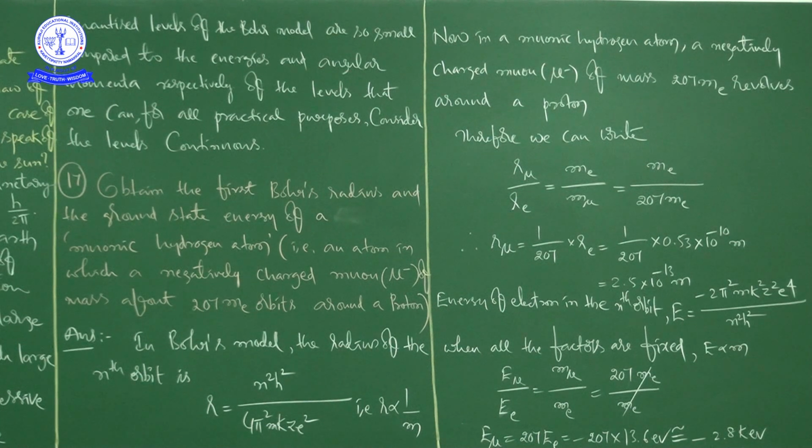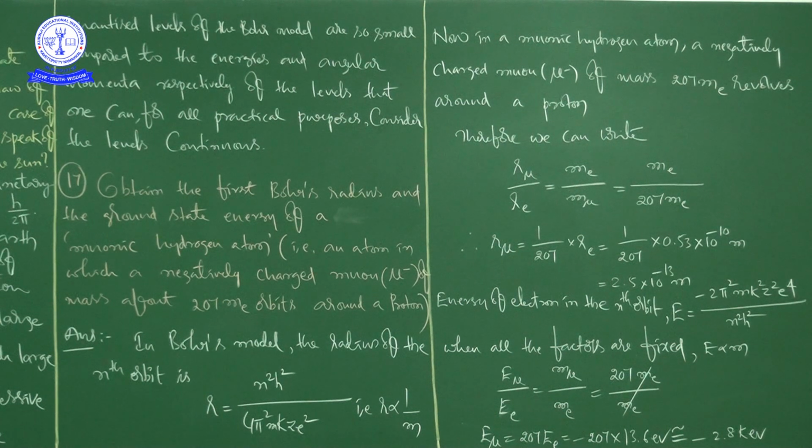In Bohr's model, the radius of the nth orbit, this formula you know very well: r = n² h² / (4π² m k Z e²). Here h is the Planck's constant and e is the charge of the electron.